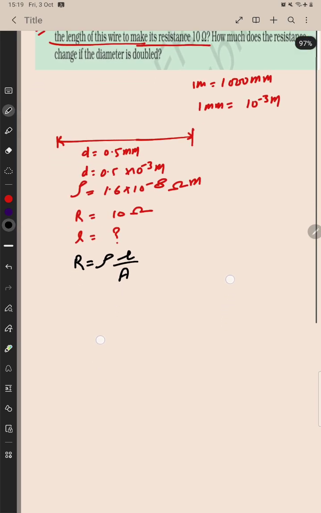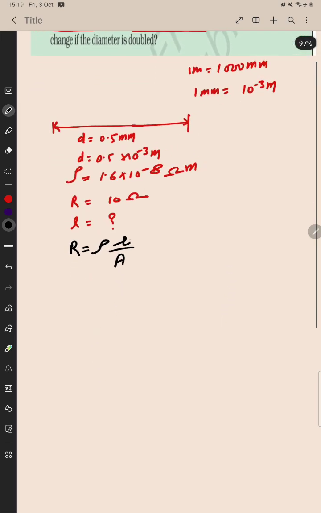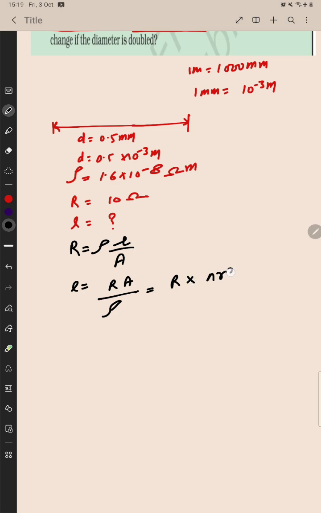Now, length they are asking. So better you write, students, L is equal to, by cross multiplication, RA upon rho. You can write R, A means pi r square, upon rho. Now you see what we can do.